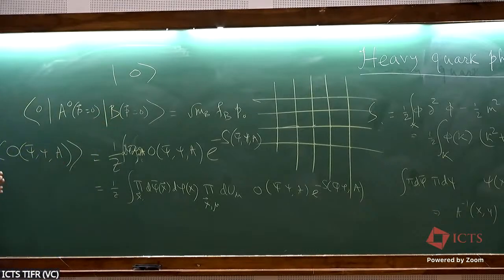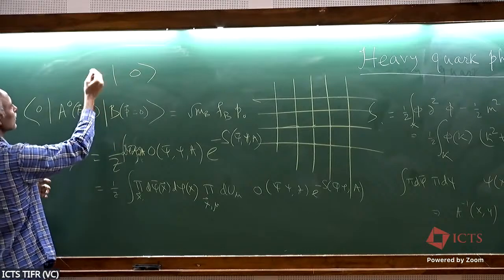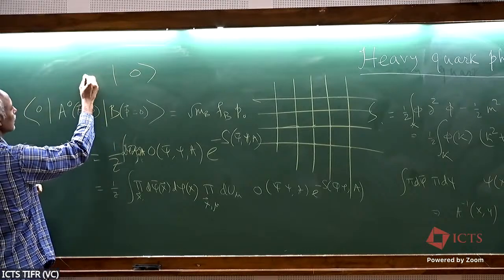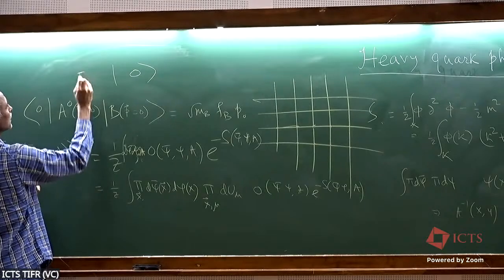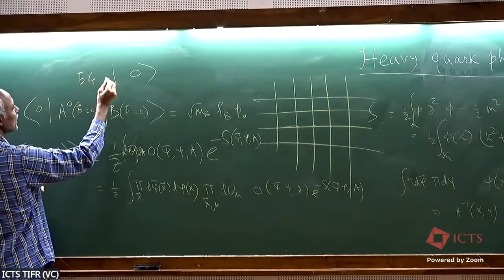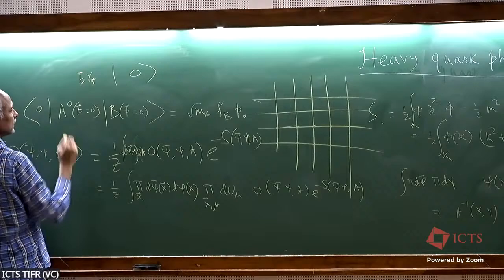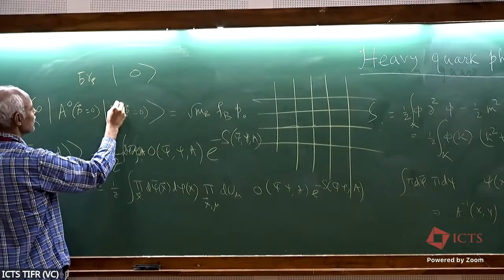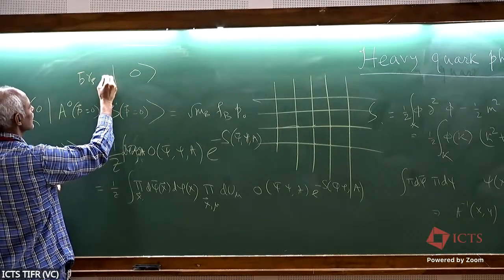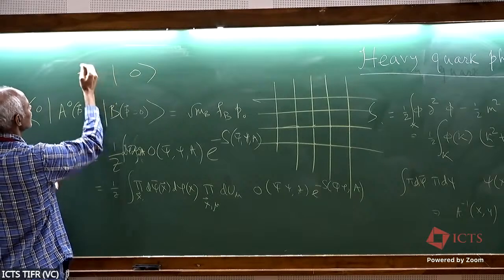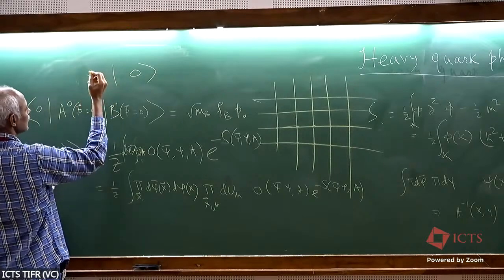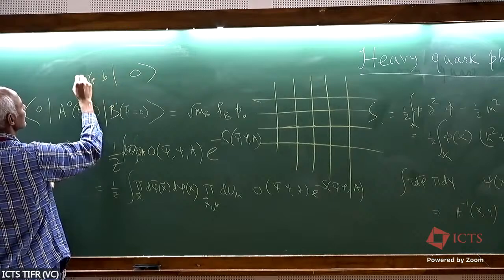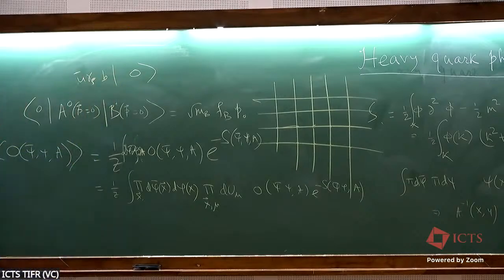For that, I give some operator which has the correct quantum number as B. If it's B plus, then it will be U bar gamma 5 B, right?